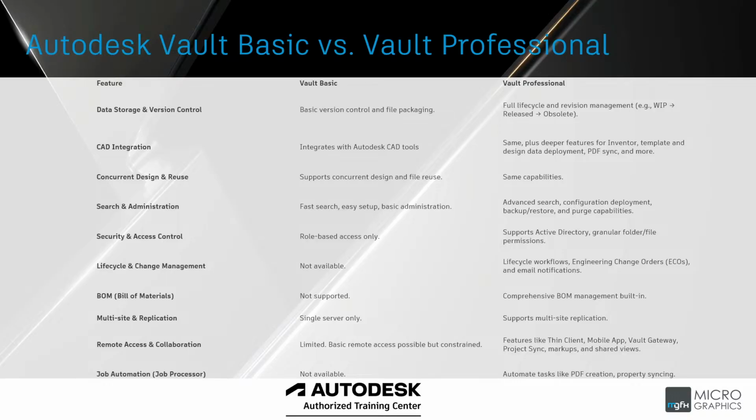Vault Professional does have features like your thin client, your mobile app, and also your Vault Office. Job automation, job processors. Within Vault Basic, it's not supported. Again, Vault Professional automates certain tasks like your PDF creation and property syncing.